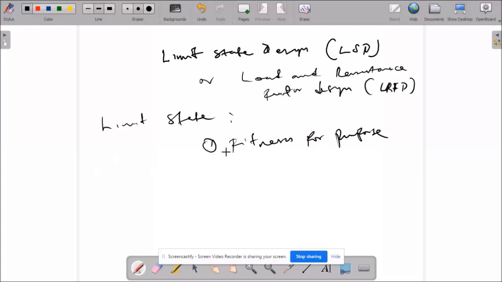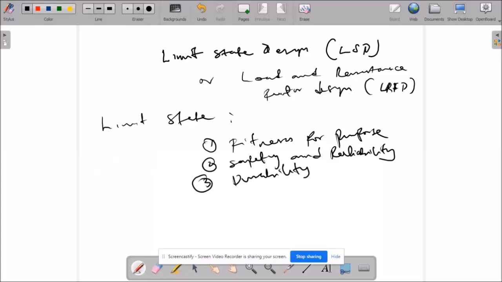One, we look at safety and reliability. Two, we look at durability of the structure. Three, we look at economy. Four, the fifth condition or criteria, external appearance.